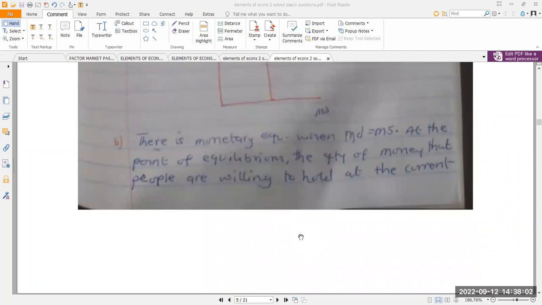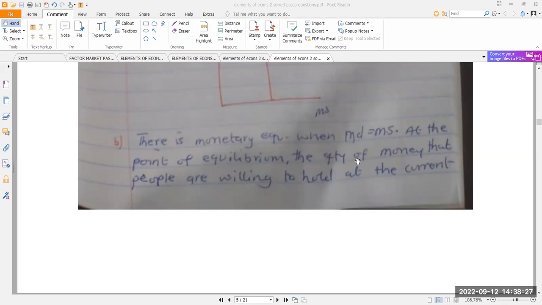Now, whenever you have a market, if we can have an equilibrium point, we can also have disequilibrium. We are saying that there's equilibrium when money demand equals the supply of money. But it's possible that money demand can be more than the supply of money, or money supply can be more than the demand for money.